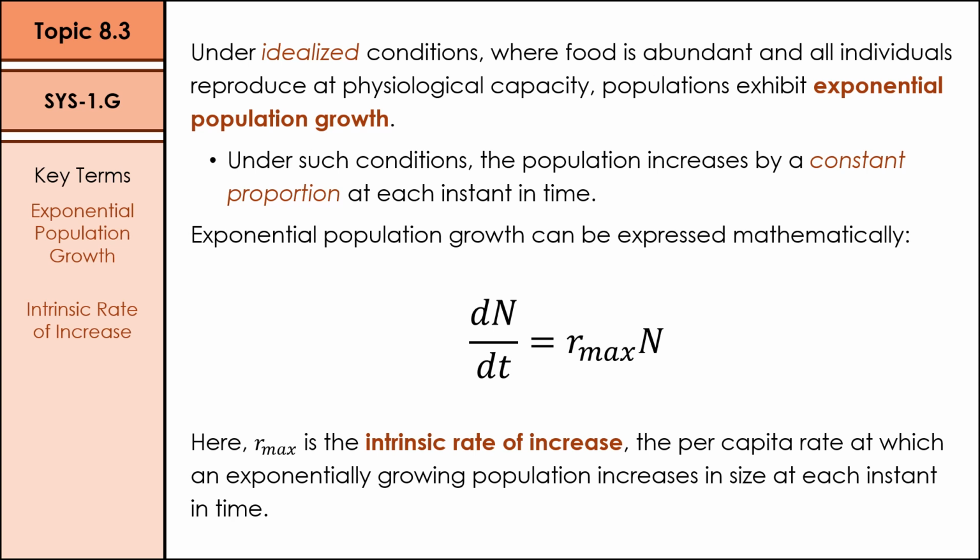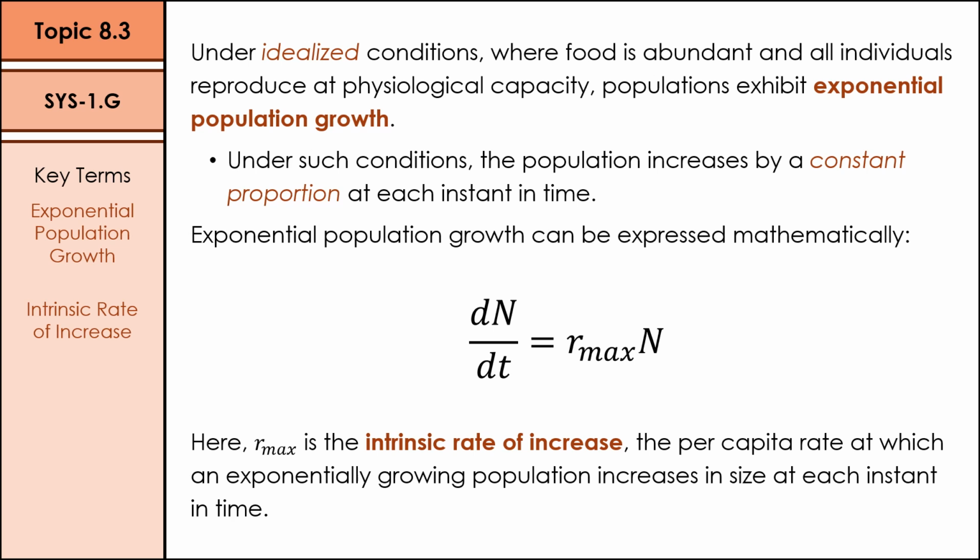Now, in these types of conditions, our population is going to increase at a constant proportion in each instant of time. And so we get this really steep curve that I've got on the next slide, that our population is ever increasing. We're essentially getting to the point where we are a straight up vertical line. We are increasing so much.